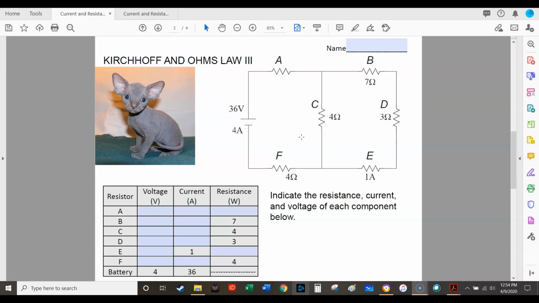Why don't you go ahead and take a crack at this one and plot the currents coming out of the battery and then splitting off into the junctions and going through all the resistors and then coming back into the battery. And then try to go ahead and figure out the voltage, current, and resistance of each one of the objects. Okay, good luck. And pause the video now.